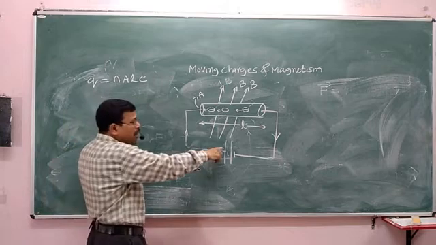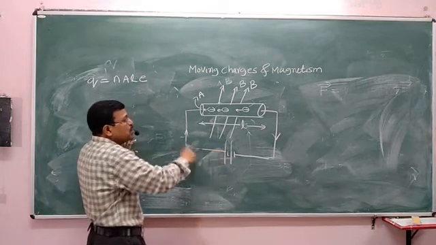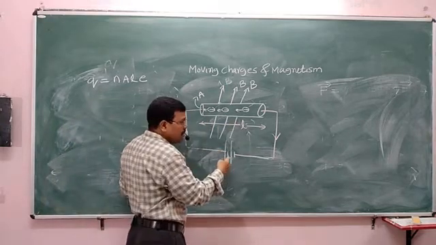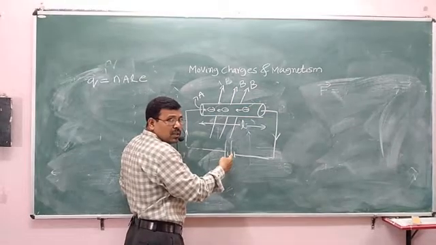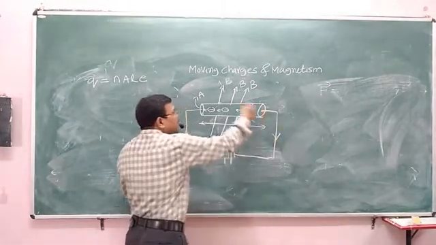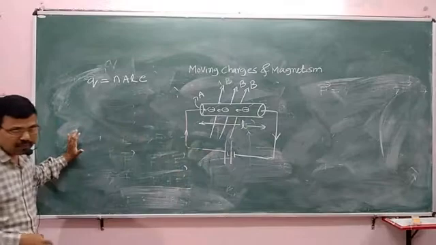Positive charges appear to move from positive terminal to negative terminal. Electrons appear to move from negative terminal to positive terminal.